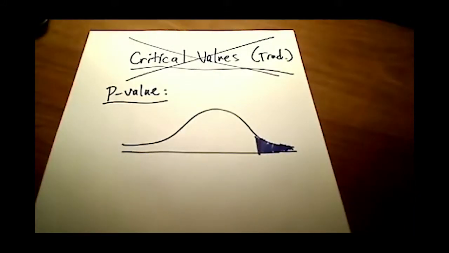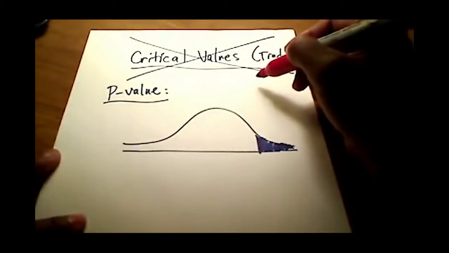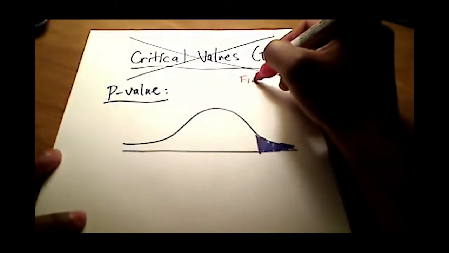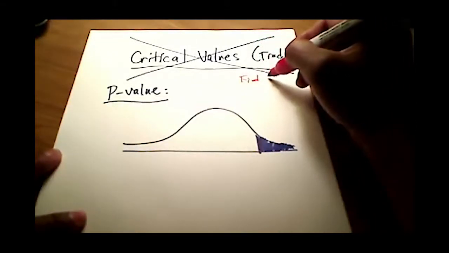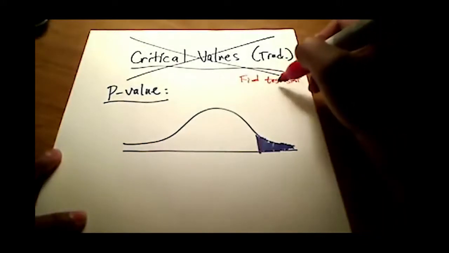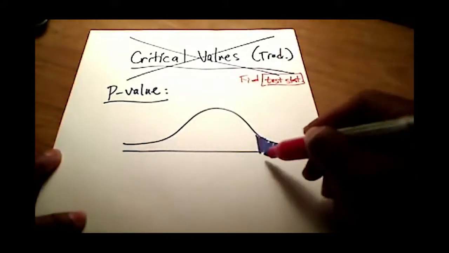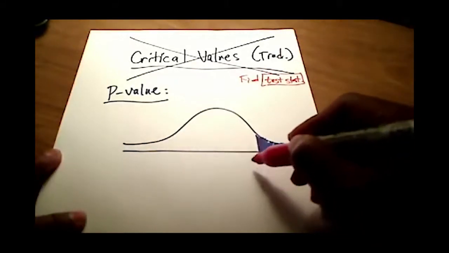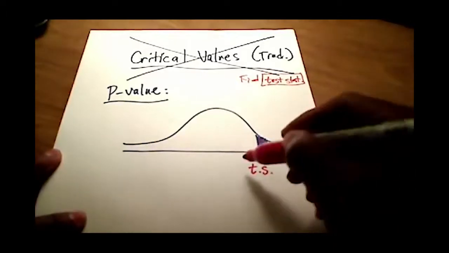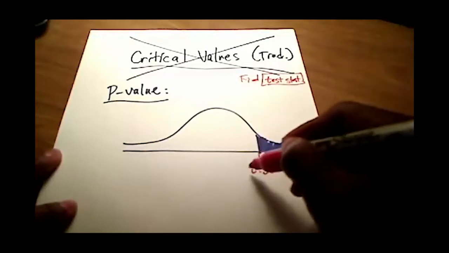What we're going to do is find, using the formulas that I just showed you a second ago, our test statistic. We're going to find our test statistic using that formula you just saw on the previous page, and then we're going to put that in. I'm going to write this as TS, test statistic. We're going to put that in here, and this is a right tail test.